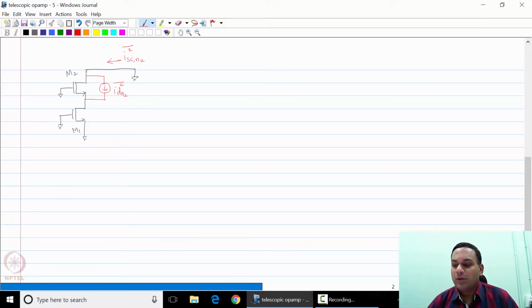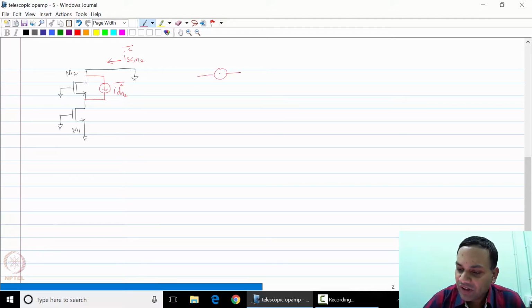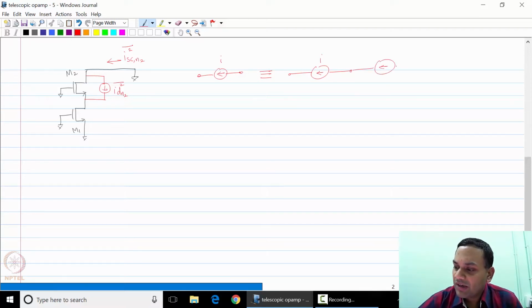To do this, we will use a small trick that we have used before. We know that a current source between two nodes can be represented by a series combination of the same current source. So if I call that I, I can replace that with two current sources I with no change in the circuit.